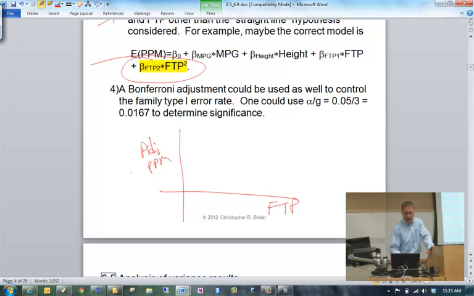Let's say adjusted PPM for the effects of minutes per game and free throw percentage. So you can think of a response variable that now takes out the effects of these other two predictor variables. And then I did a scatter plot.